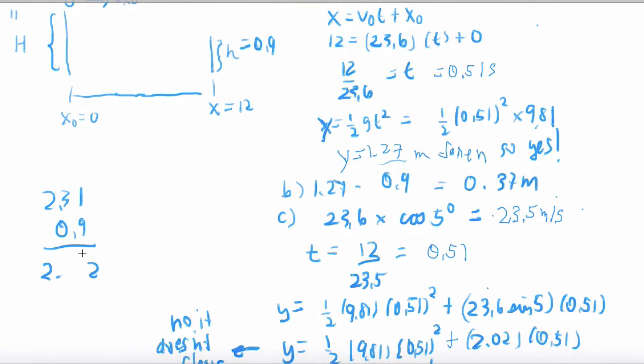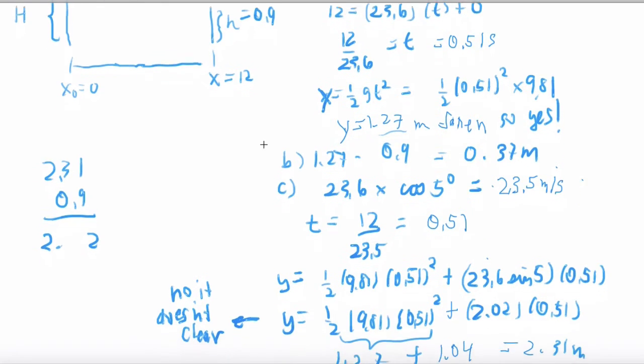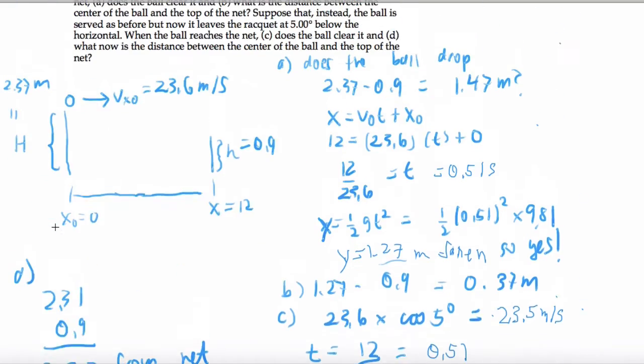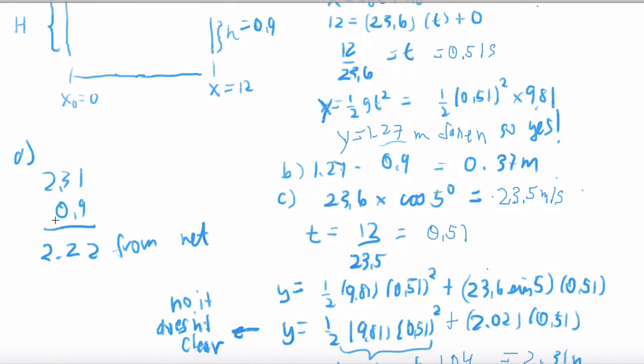It's like 6 centimeters from the ground here, and it's actually about 2.22 from the top of the net. It's actually almost hit the ground. So that's question number 3.